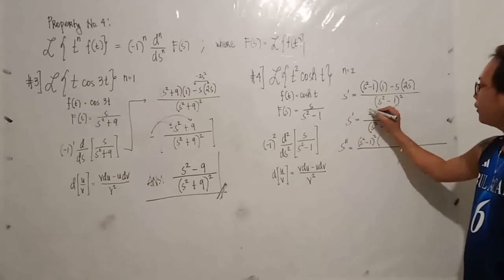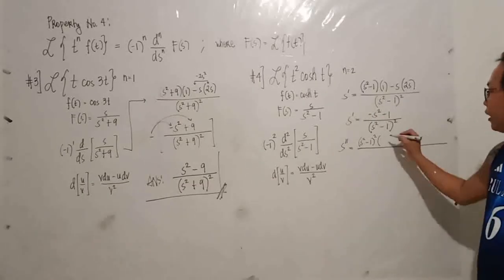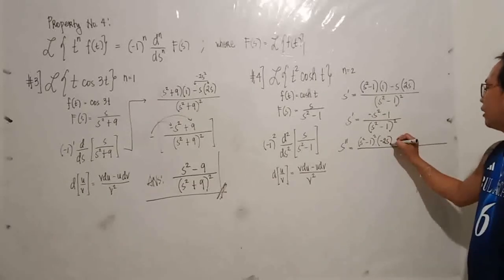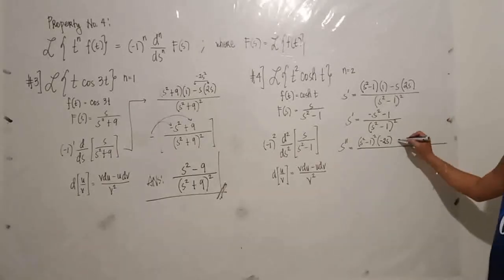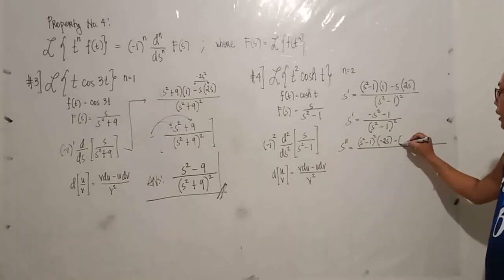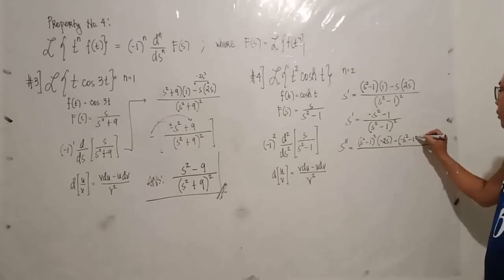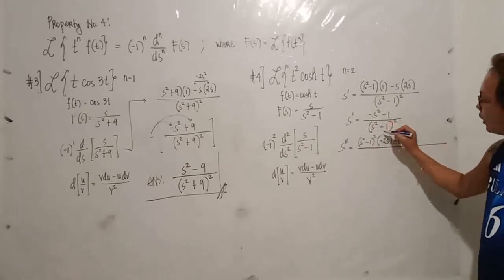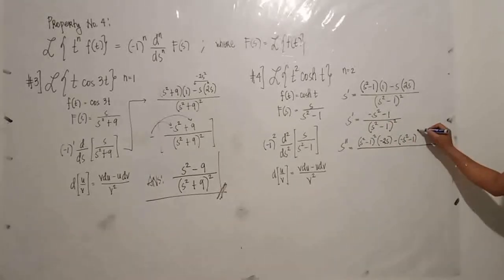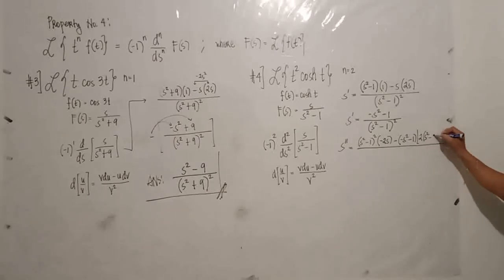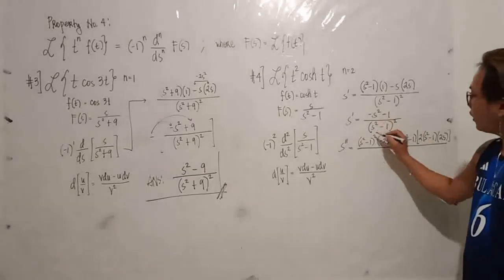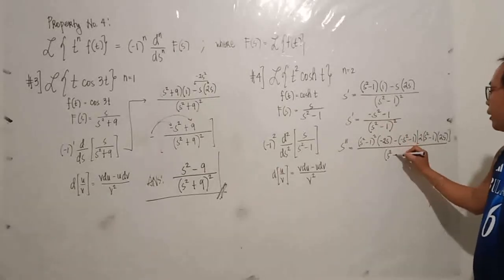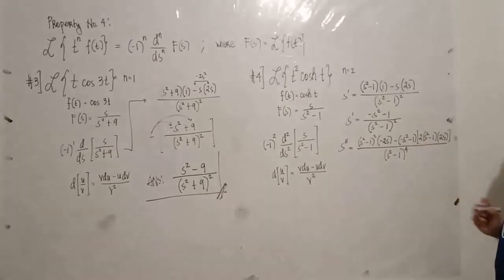Then taking the derivative of this for your numerator, that is negative 2s, minus the numerator, which is negative s squared minus 1, multiplied by the derivative of your denominator, which is 2, then s squared minus 1, then derivative nung nasa loob, which is 2s. Now, squared ng denominator, which is s squared minus 1 raised to 4.